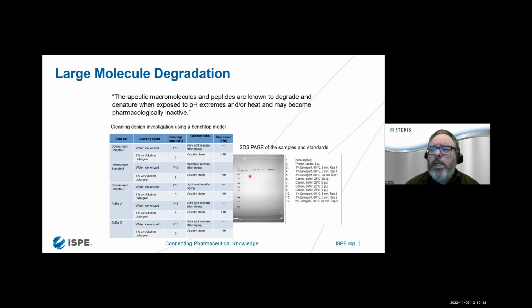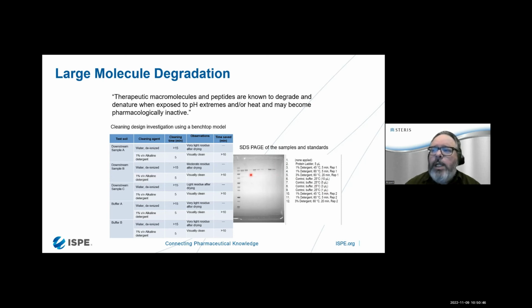When we look at evaluation of the degradation, that 1% at 5 minutes at 45 degrees, we see that we have an intact molecule. And then when we go to 1% at 60 degrees, which is in lane 3, we also have a relatively intact molecule. When we go to 3% at 60 degrees for 20 minutes, we have essentially over 90% degraded.